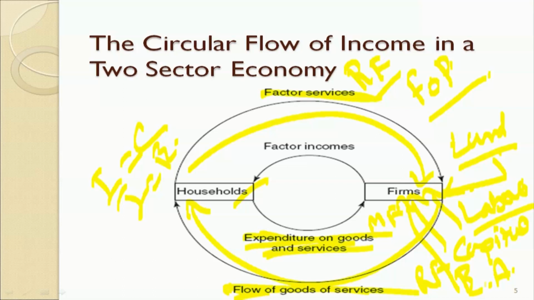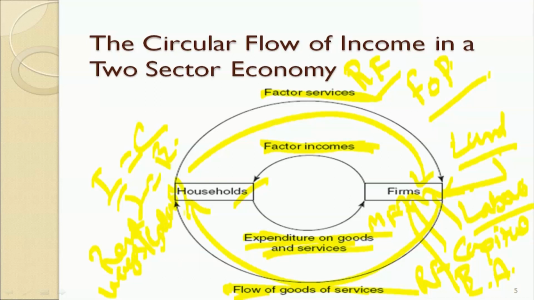For that, the firms are giving the factor income. What is the factor income given by the firms? In terms of using land, they are giving rent. In terms of using labor, they are giving wages or salary.